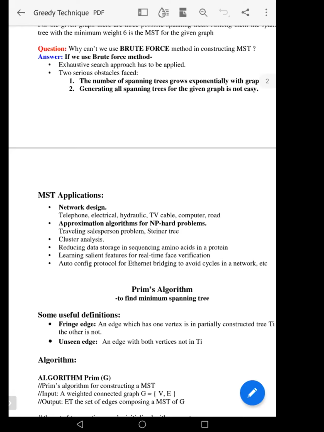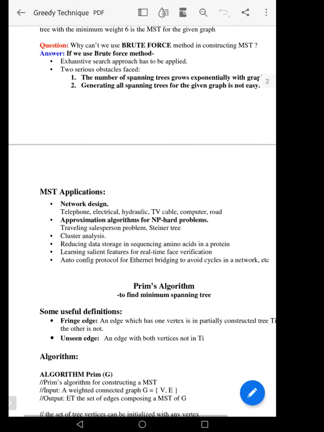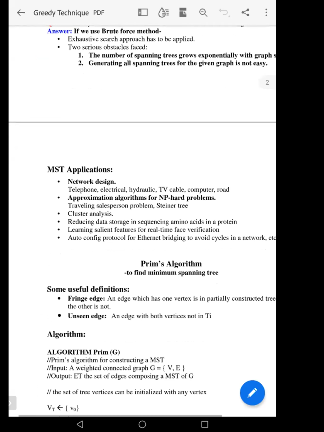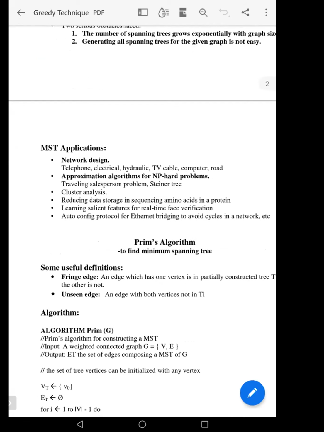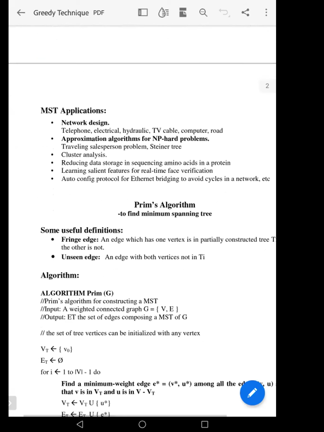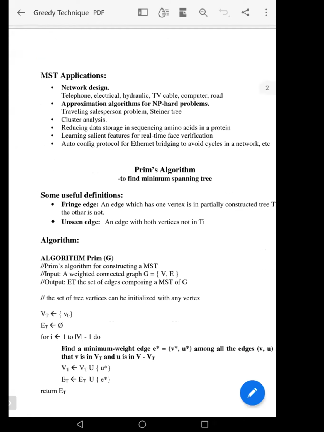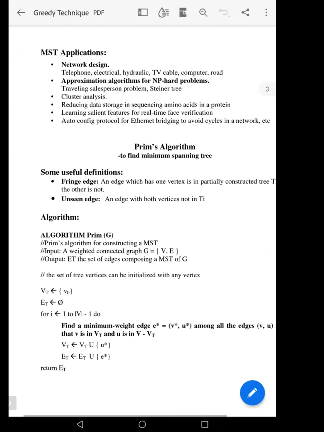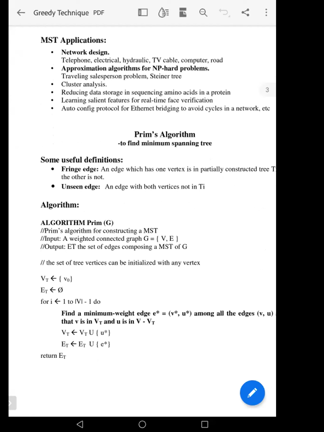It's an approximation algorithm for NP-hard problems, like the traveling salesman problem. We can also use it for cluster analysis, for reducing data storage in sequencing, for learning salient features or real-time face verification. Mainly it is used for network design purposes. Now there are 2 algorithms for finding the minimum spanning tree.